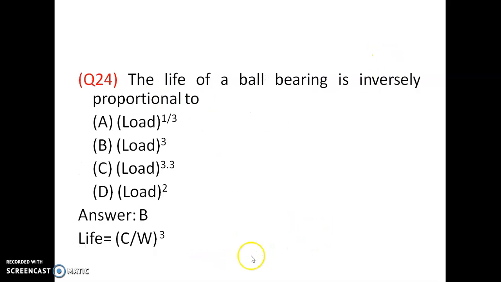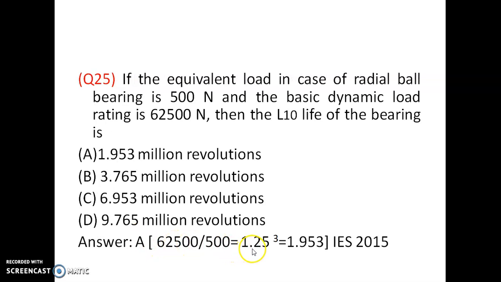So C by W is 1.25 cube. 1.25 into 1.25 is almost 1.5, and 1.5 into 1.25 is almost 1.953. Without using a calculator, you can say that it is 1.953 million revolutions.